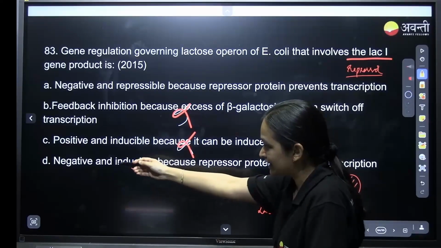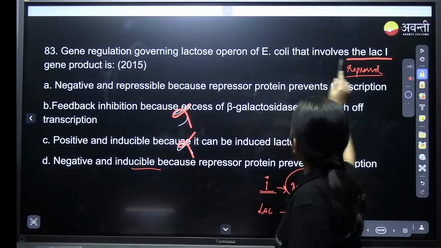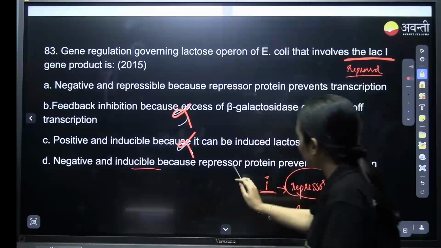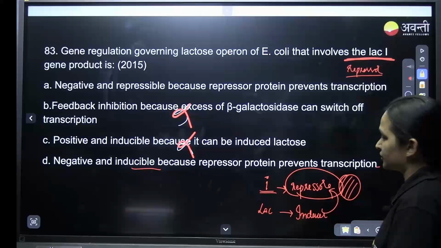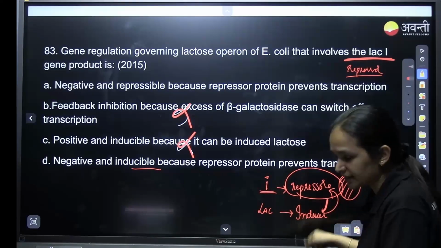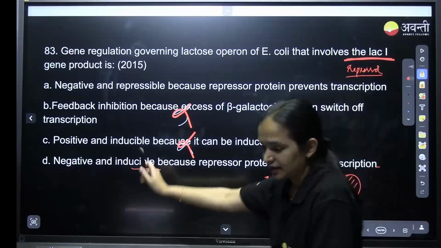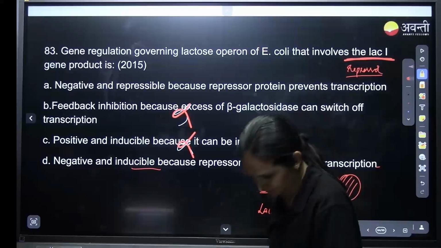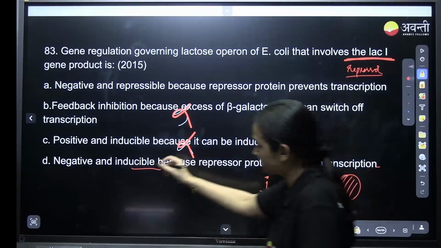So we could say that D is negative. We need to find the correct answer for LAC-I, that is negative and inducible, because the repressor protein prevents transcription. The repressor protein was getting induced by the inducer, that is lactose. Understood? Yes, ma'am. So D is the correct answer.